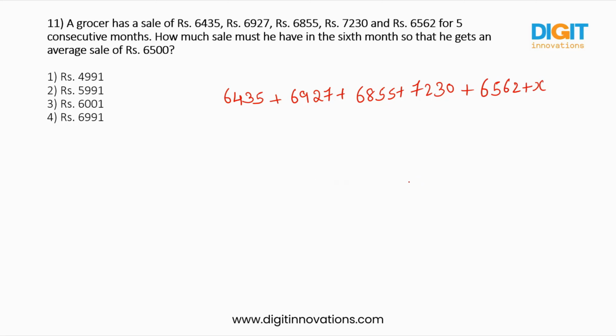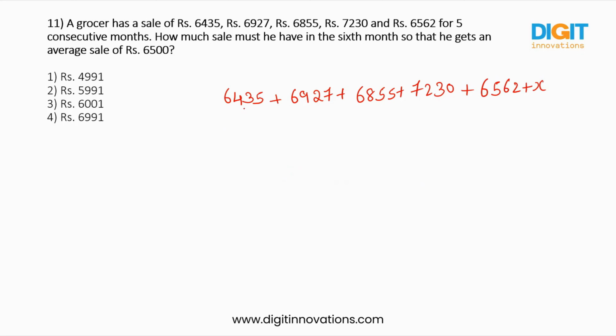So their average for those 6 months is 6,500. So what is the sale for the 6th month they're asking? So we are just going with the average formula, which is very familiar for everyone. Average equal to sum of observations by total number of observations, right?